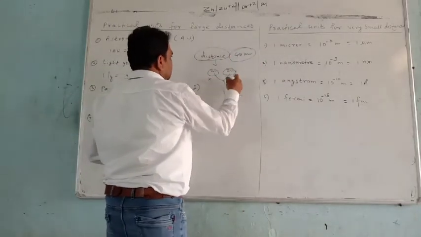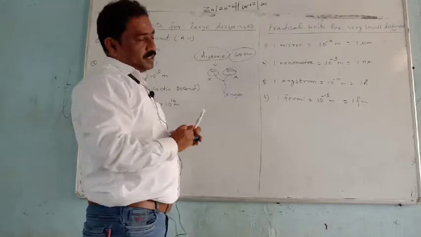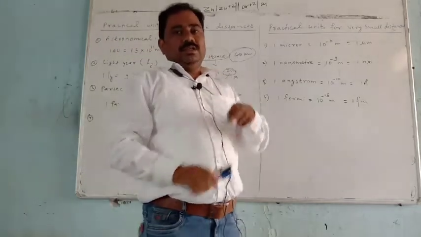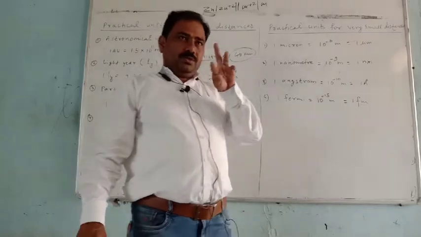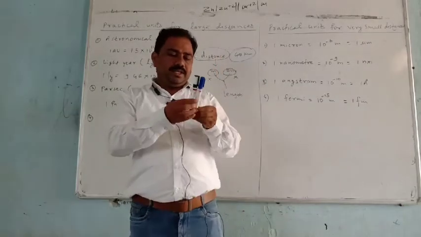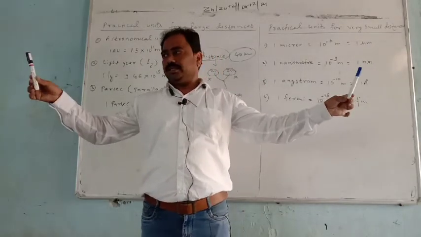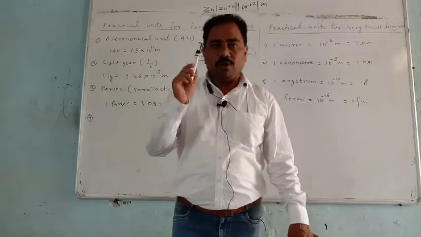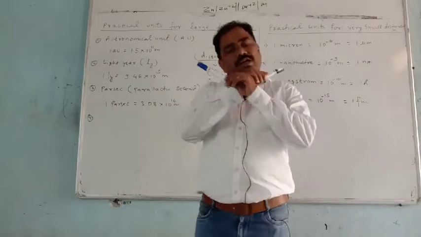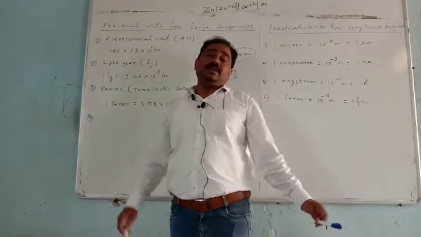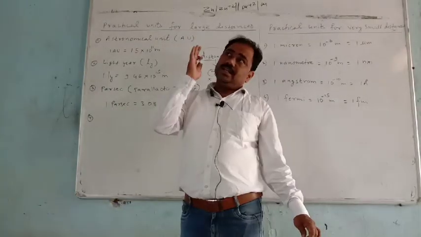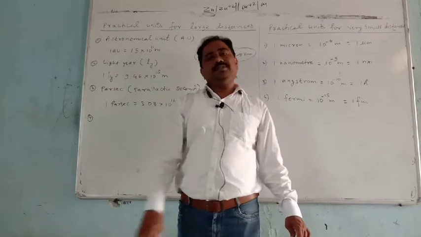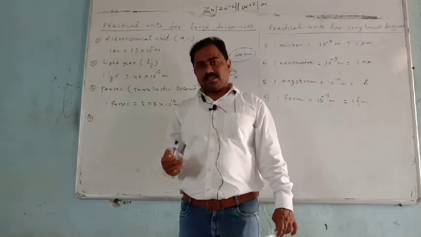These units are not sufficient for that. If two objects are very far apart from each other, which unit can be used? For large distances there are quite different units, so let us discuss that.